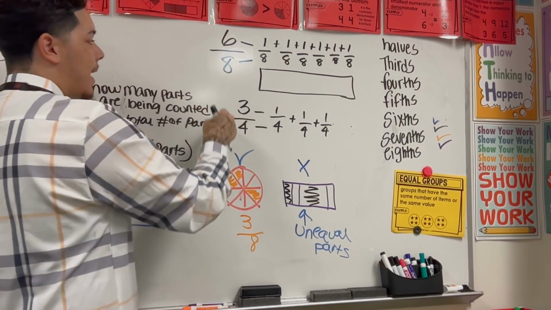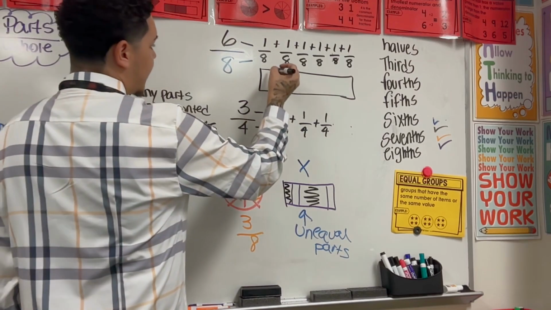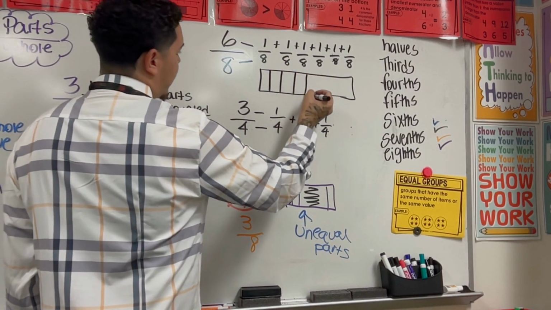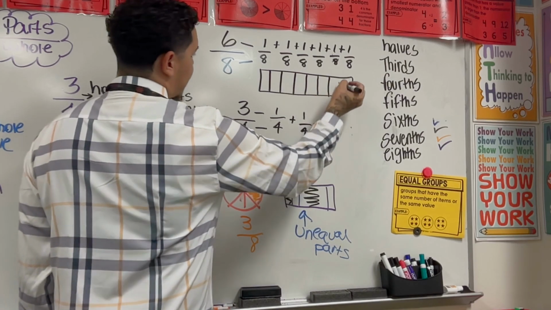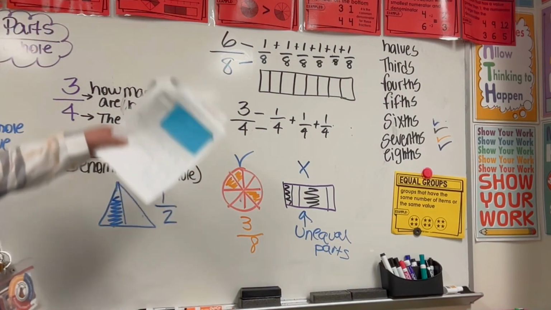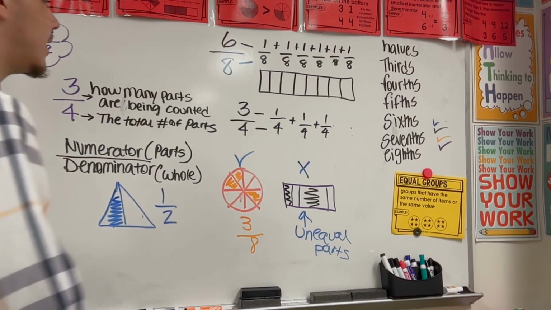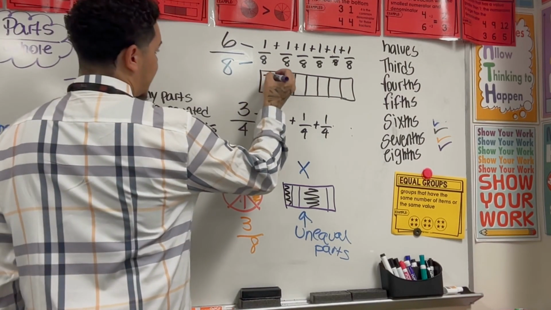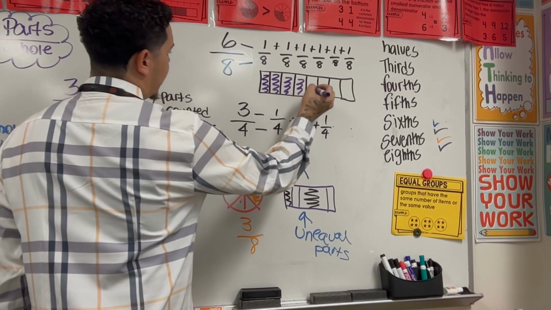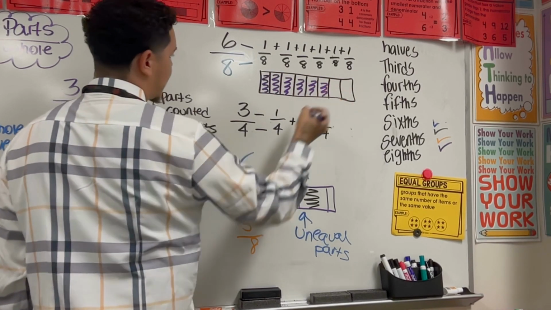So if I go one number back, how many lines should I draw? 7. That makes 8 parts. 1, 2, 3, 4, 5, 6, 7. All right. How many should be shaded? I want to represent 6 for my shaded part, so I'm going to shade in 6. 1, 2, 3, 4, 5, 6.